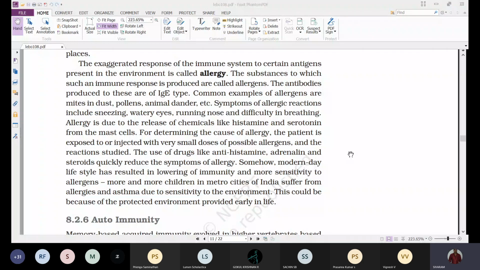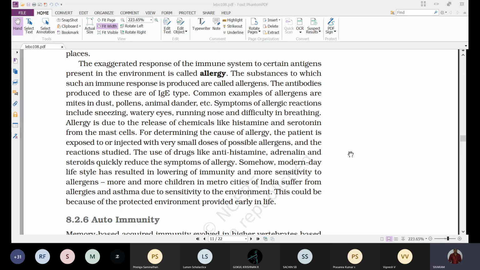So whatever chemicals are possibly causing allergy, those chemical substances are first tested on our body, and they will check for the reactions. Sometimes we say, I am allergic to certain antibiotics, I am allergic to certain chemicals, I am allergic to certain foods.